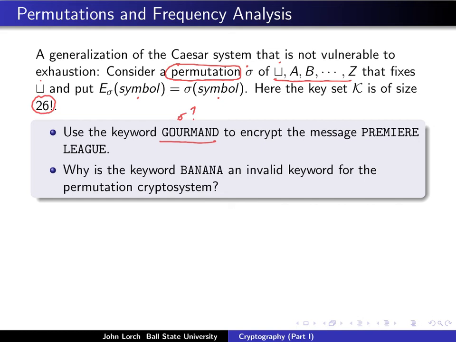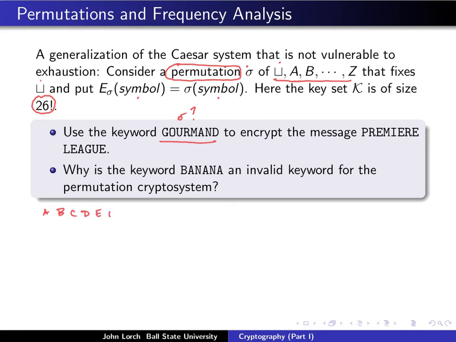So here's how we're going to figure that out. So we start our list of alphabet, right? So we're going to take A, B, C, D. This is going to be painful, guys.